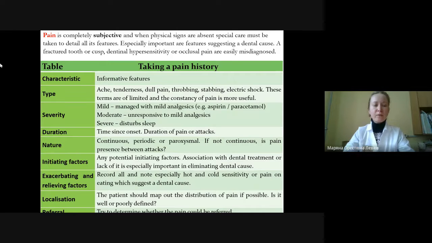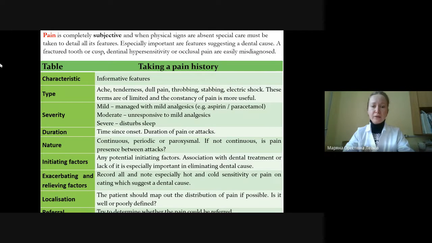So when it comes to collecting complaints about pain, we need to understand that the type of pain can be ache, tender, dull pain, throbbing, stabbing, or electric shock. These terms are limited, and the constancy of pain is more useful.